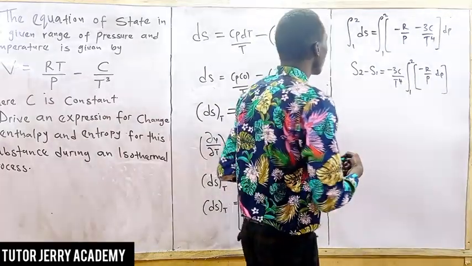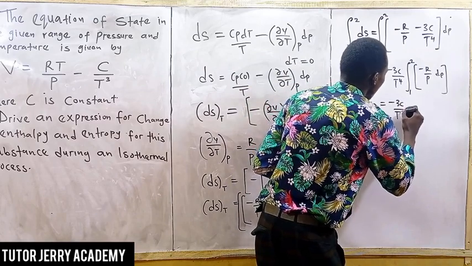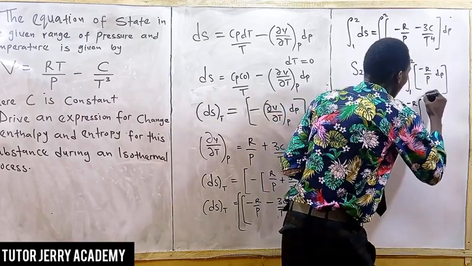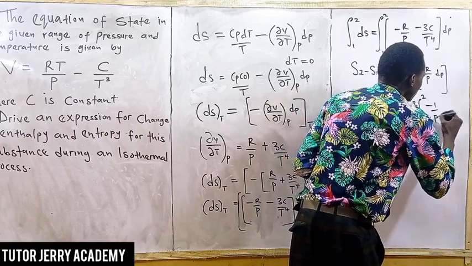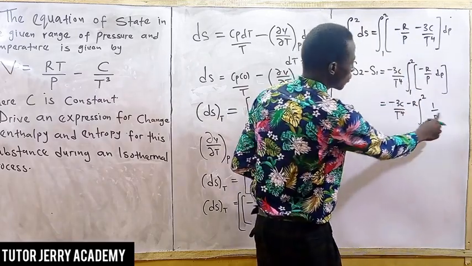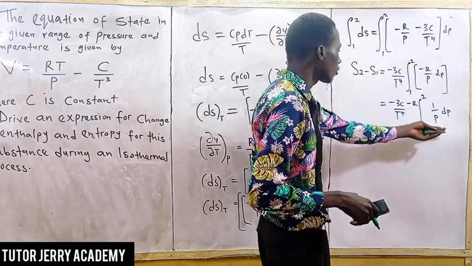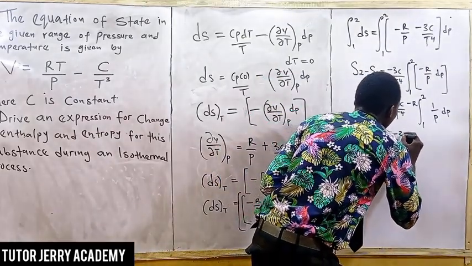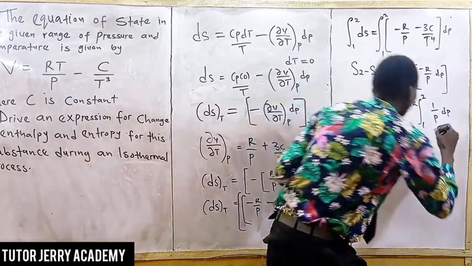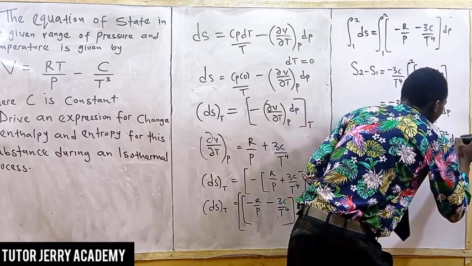If we take R out, minus 3C over T to the power of 4 will remain, and we are going to have minus R multiplying the integral from 1 to 2 of 1 over P dP, because we have taken minus R out and are left with 1 over P. Now if we integrate further, this equation will become minus 3C over T to the power of 4 minus R, times the bracket of ln P from 1 to 2. So this is what we have.